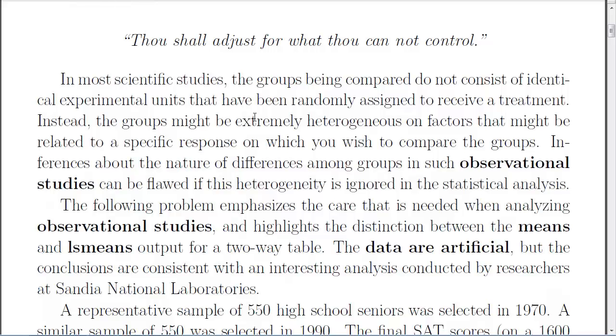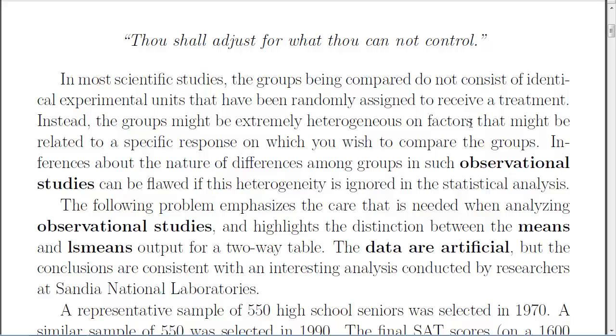Groups may be extremely heterogeneous, which means that, say, a smoking group and a non-smoking group, if you want to know if smoking has an effect on some health outcome, smoking is related with other behaviors, and so it's not like we have two groups of identical people, but the only difference between them is smoking. There's lots of other potential factors that are different, and so those are the factors on which the groups are heterogeneous, and that you want to control for.